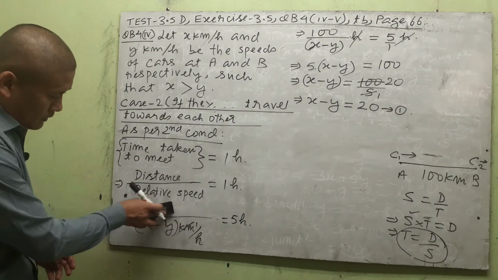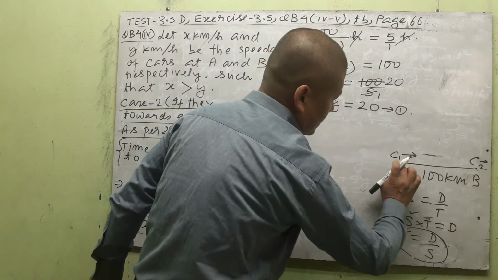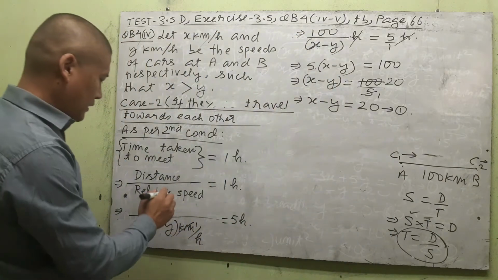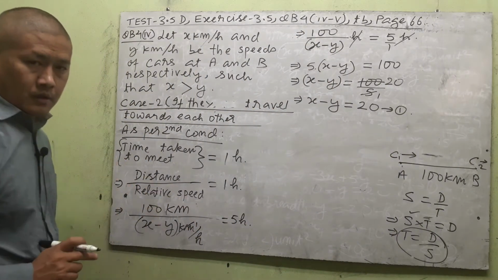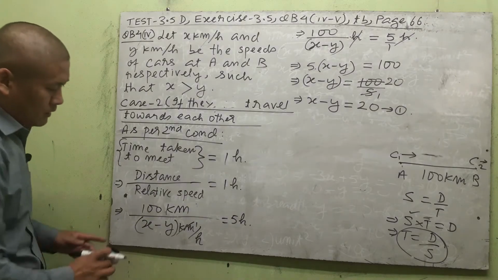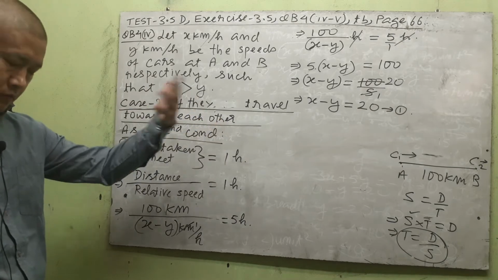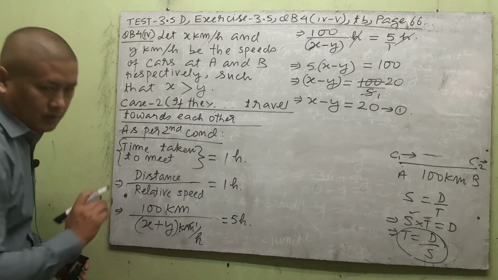Then the distance between them before they started moving was the same, because the distance between the two places A and B was 100 as mentioned in the question in the beginning. So 100 kilometers you can write here. Then the relative speed when they are traveling towards each other, in opposite directions, is the first speed plus the second.